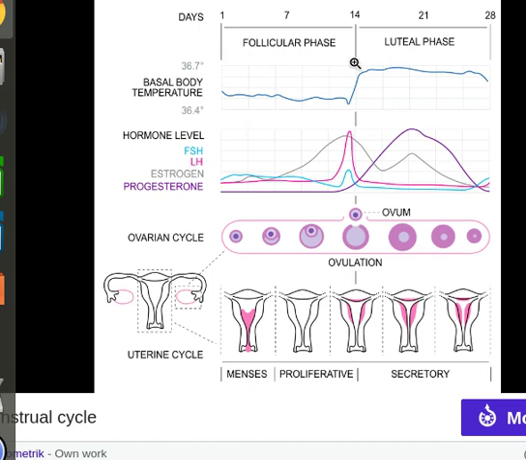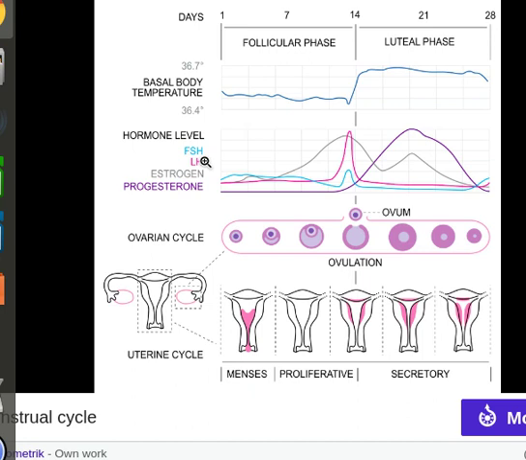How long is the follicular phase? 14 days. The second phase is called the luteal phase. How long is the luteal phase? Yes, also 14 days. What's in the middle of the two phases? Ovulation. What day does ovulation ideally occur? Day 14. Very good.